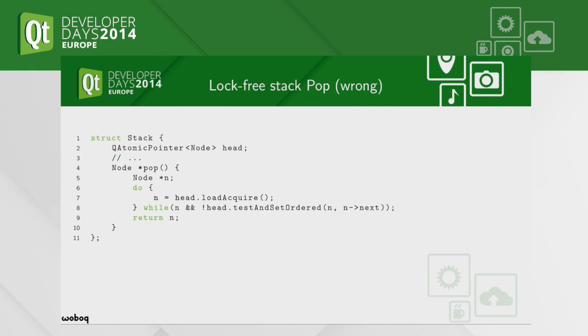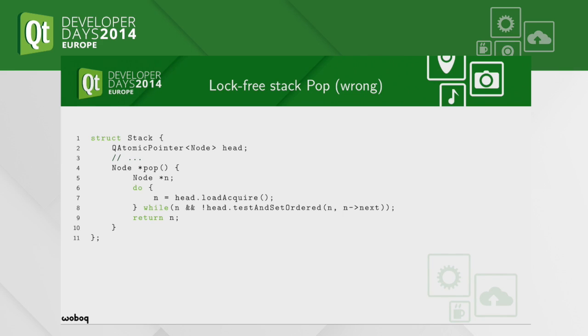But let's first see this algorithm and then see why it's wrong. So we take the node N in a local pointer that is the node that we're going to return. We load this node and we try to atomically change from this node to the next of this node.